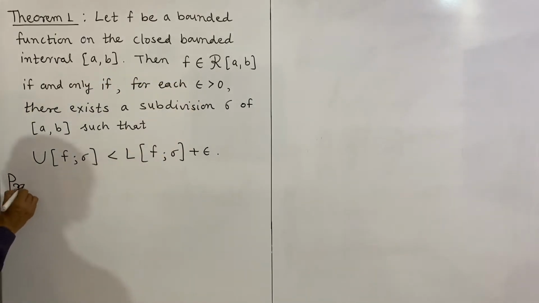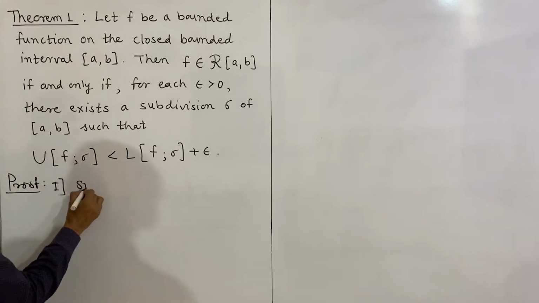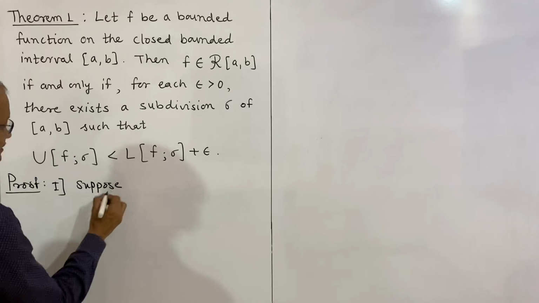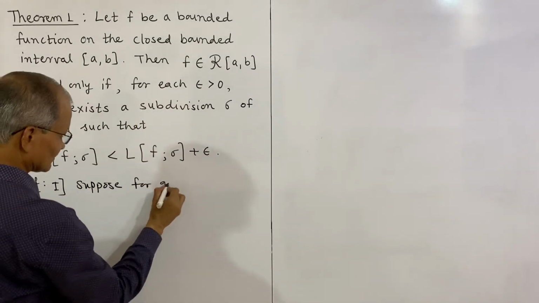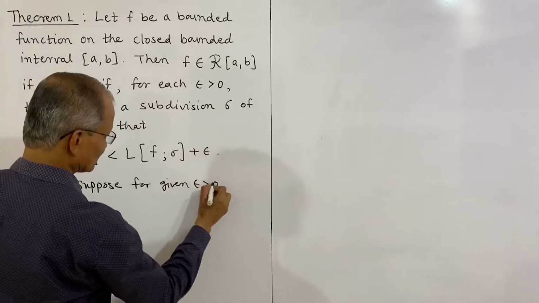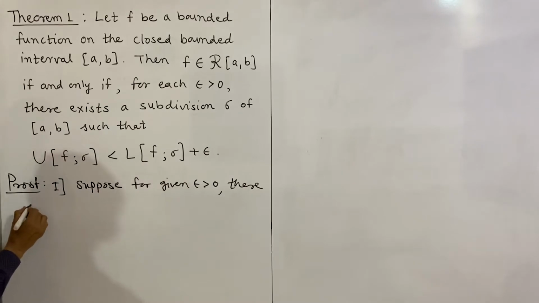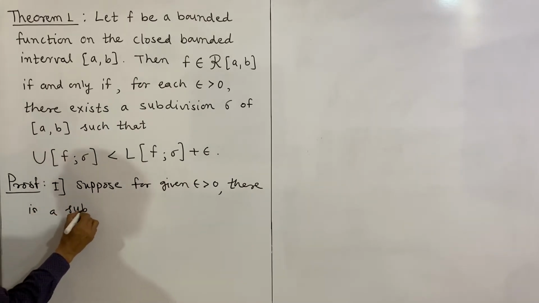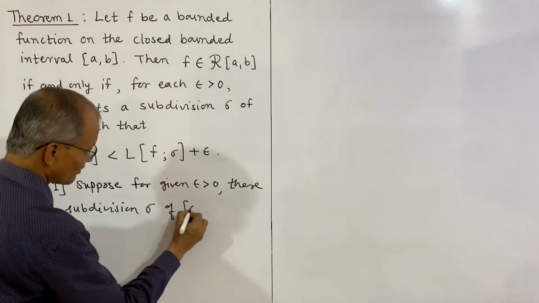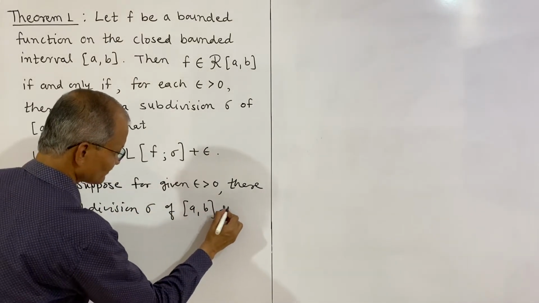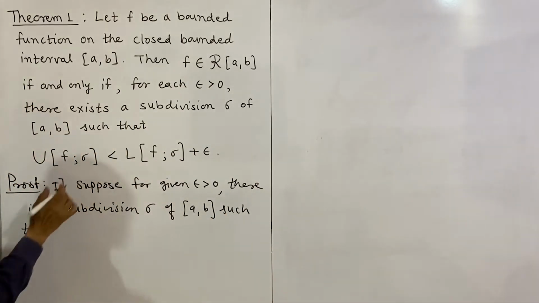So we consider the proof as follows. First suppose for given epsilon greater than 0 there exists a subdivision sigma of the closed bounded interval [a, b] such that this condition holds.